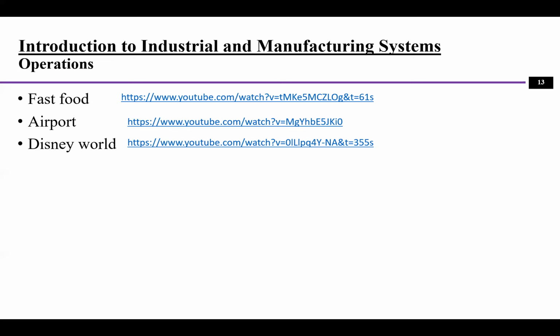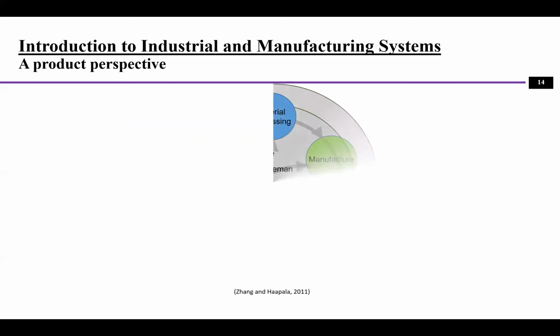How can you process or accept as many customers as possible within only one day? So we can borrow a lot of these operations concepts or principles from manufacturing to those industries. What I'm saying is, what we are learning in this course is not just limited to manufacturing companies that make physical products, but can also be applied to a lot of other service industries.